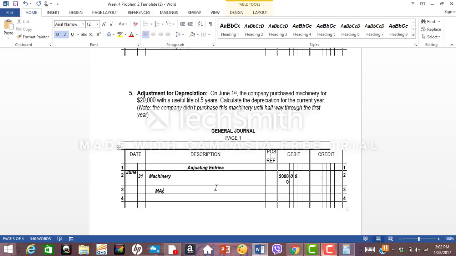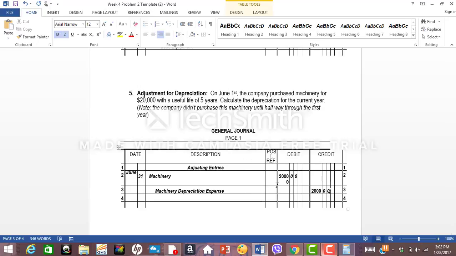So then that's why you do depreciation expense, and it would be for $2,000. And I know this is a very common mistake that a lot of people make just because of the way that it actually reads. So $2,000.